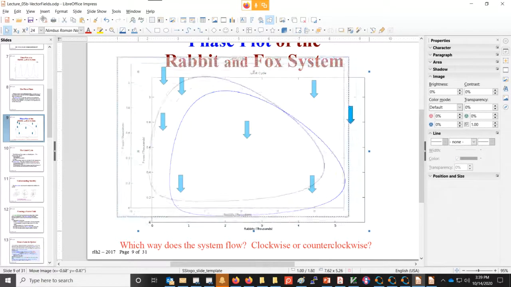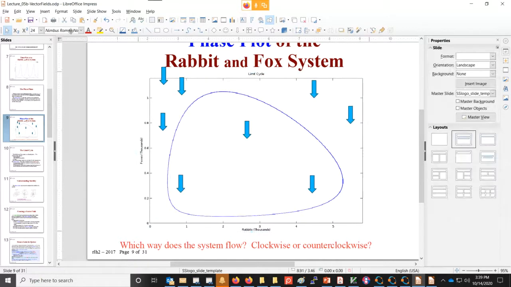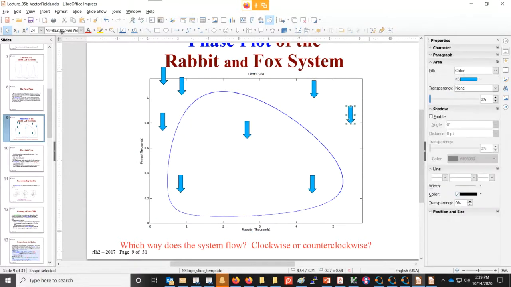Is it going to move up and over? If I start over here at this point, is my population going to move this way, or is it going to move and then around this way?